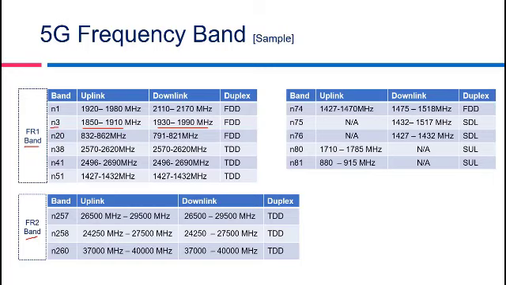FR1 supports FDD, TDD, supplementary downlink, and supplementary uplink. But FR2 only supports TDD, the same statement we gave in the previous slides.